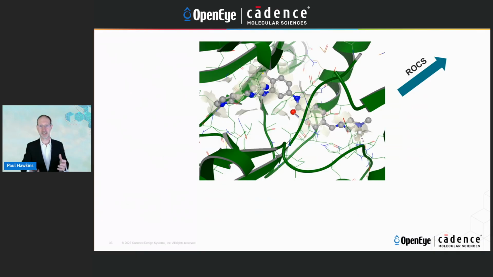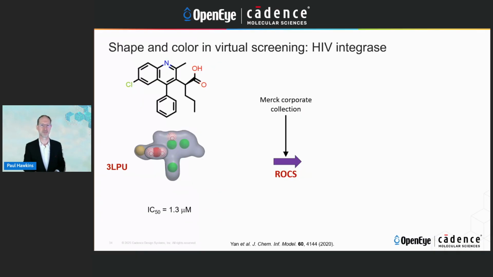So firstly, I'm going to look at just consuming ligand information from the protein ligand complex with ROCS. The example here is from Sim Bi Yan and colleagues at Merck, looking for new HIV integrase ligands. They knew about the quinolone series. There is its crystal conformation as a set of shape and color features. They screened their entire Merck corporate collection, several million molecules, with ROCS, to look for new leads with different structure but interesting biology.